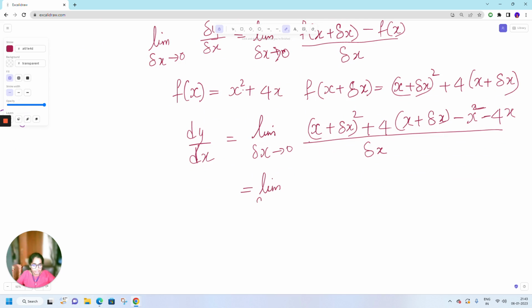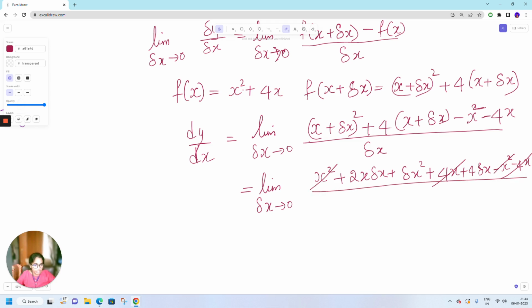Let me apply the a plus b whole square formula. Try simplifying the polynomial in the numerator. A square plus 2ab plus b square, plus 4x plus 4 del x, minus x square minus 4x. So minus 4x and plus 4x get cancelled. Minus x square plus x square get cancelled.